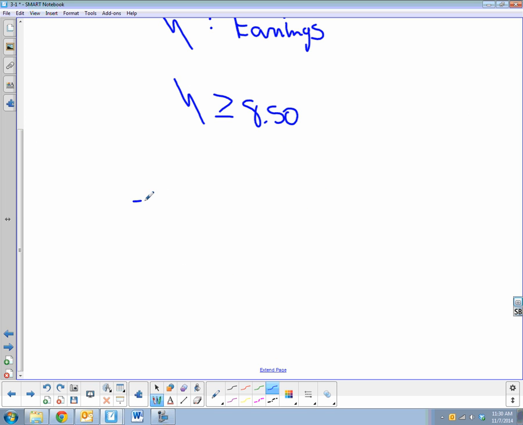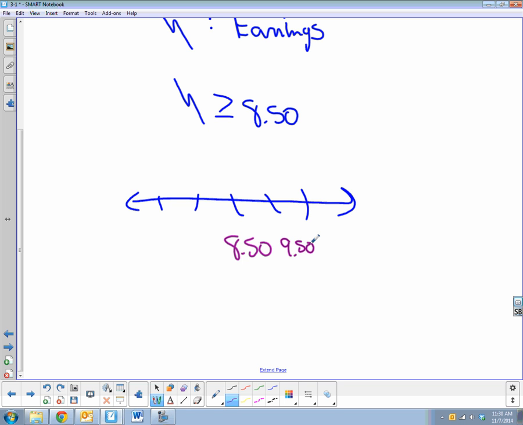Now I'm going to graph it. 1, 2, 3, 4, 5. And let's see, $8.50. Again, if you went up by 50s, they're probably not going to get paid $58.50. So pick a scale that's appropriate. Because I'm stuck on going up by ones, I'm going to stick with ones. If you went up by 50 cents, that would be a very legitimate way of doing it.